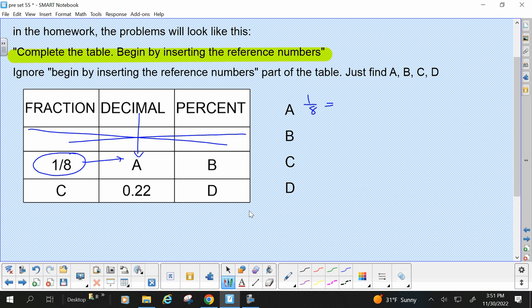Okay. Did you get 0.125? Because I divide 8 into 1, which is something like that. So 0.125. All right, next, B is make 1/8 a percent.